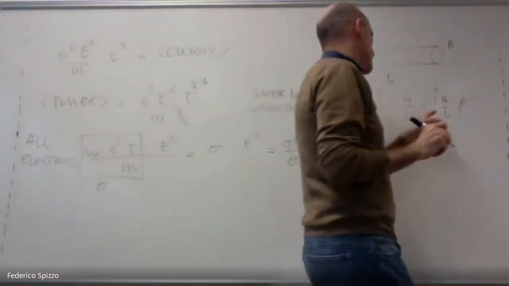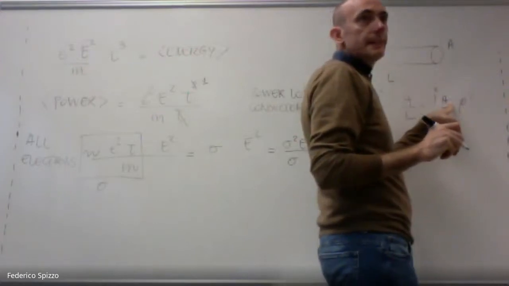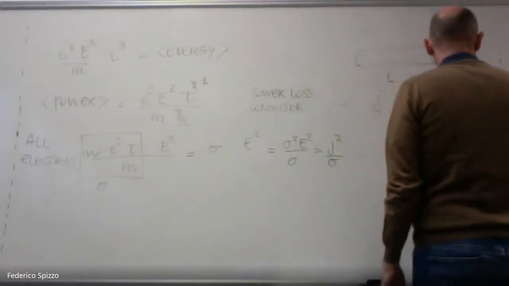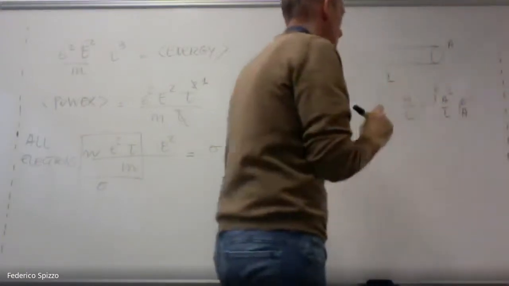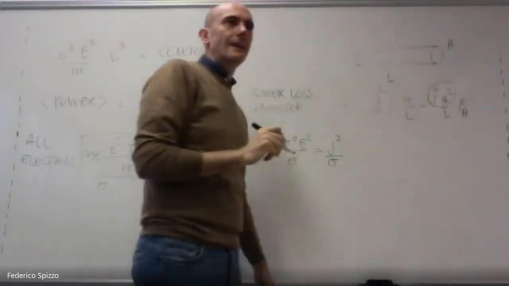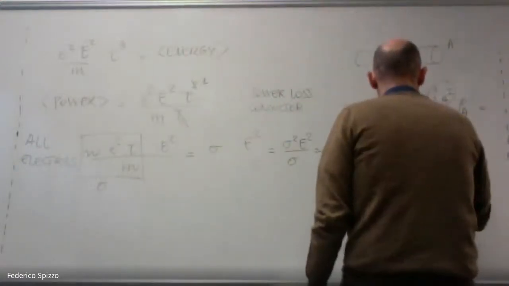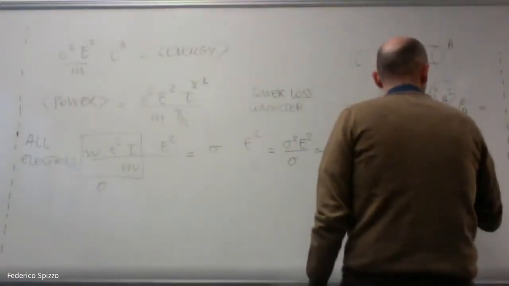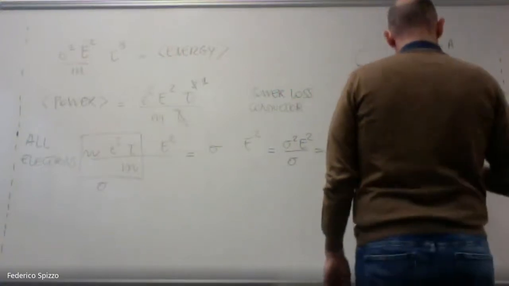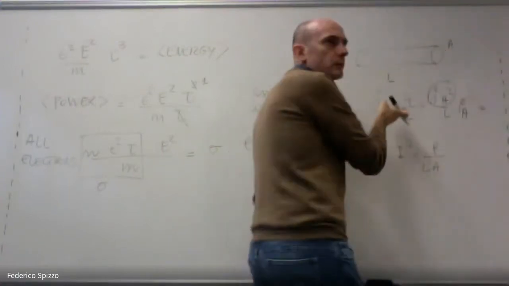Now, I multiply and divide by the area. Yeah, so this is the current. Sorry, why did I write L in the denominator?